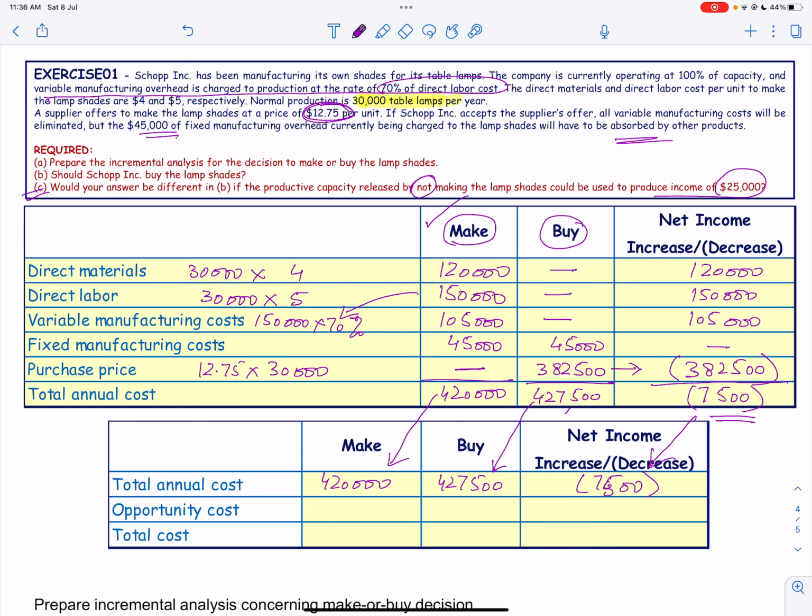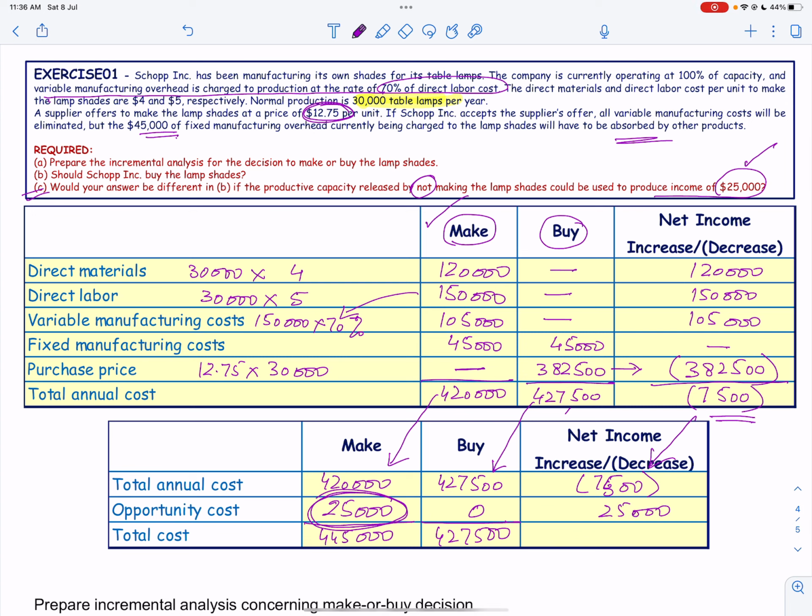Now, if we can use this capacity to produce income of 25,000, so this is an opportunity cost, and the total cost will now be 445,000. To buy, obviously there will be no opportunity cost, so this is 427,500, and this 25,000 is a relevant cost to be considered.